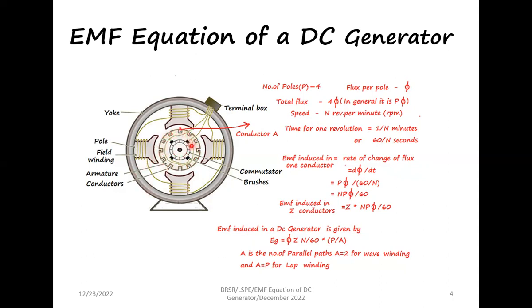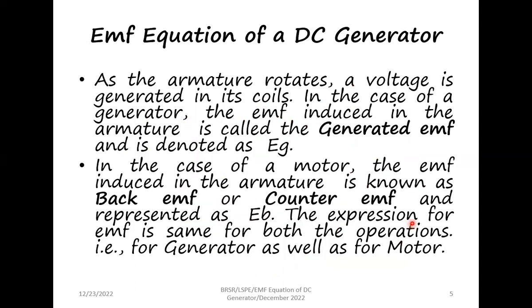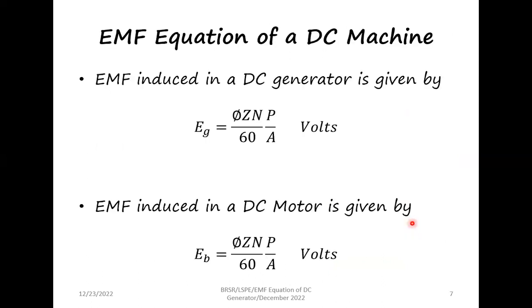In that case also, the EMF induced is given by the same expression, but it is represented as Eb because it is opposing the supply voltage. As it rotates, it is generating a voltage which is opposing the main voltage.